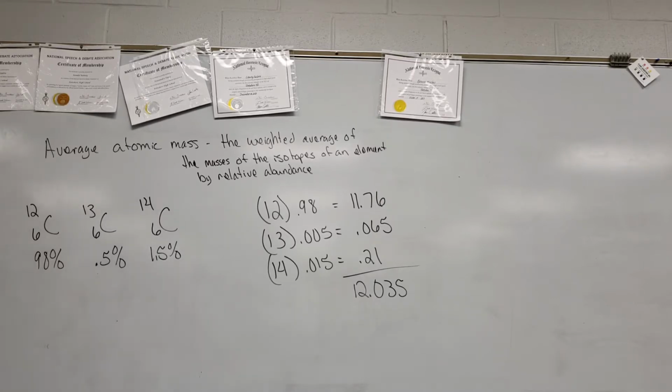This is called a weighted average. Don't you divide them by 3? Nope, because since I multiplied by the percentages, I don't have to. It's a different way of averaging. With grades, your grades are all worth the same.